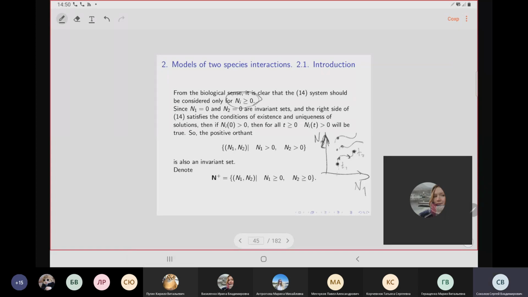So starting with some initial values, N1,0 and N2,0, with increasing time, the solution goes somewhere else.